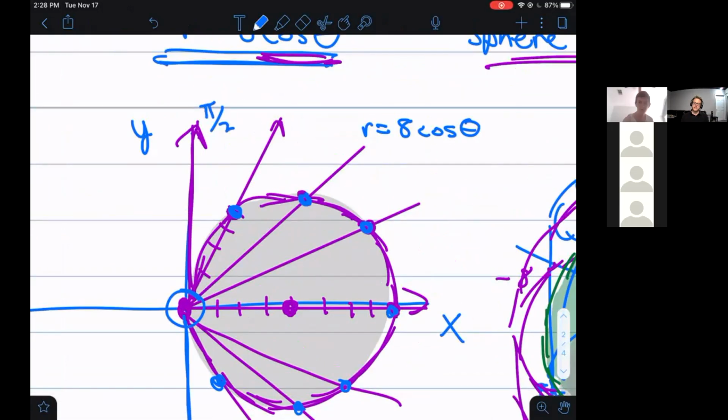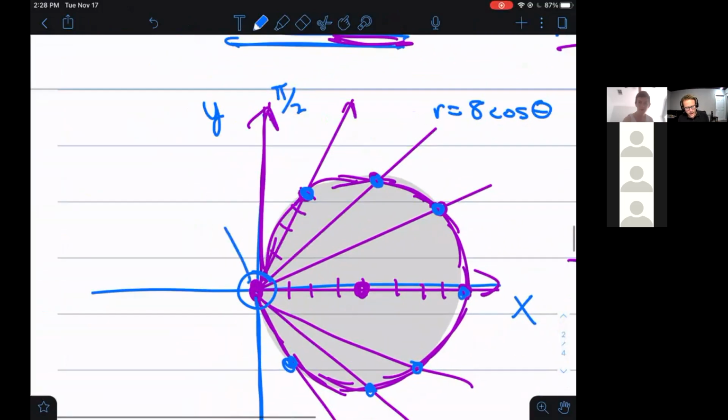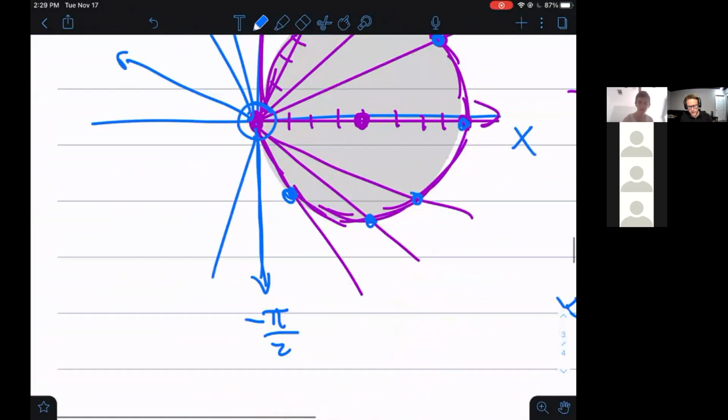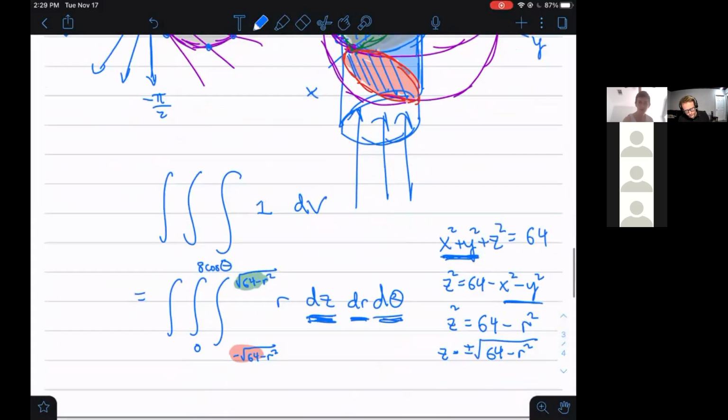You seem to actually intersect this region. Once you go beyond that, either over here or down here, you're no longer intersecting the region that you want to be integrating, so you need to exclude those. So in this case, from negative pi over 2 to positive pi over 2. And now we've done all the work for the setup.